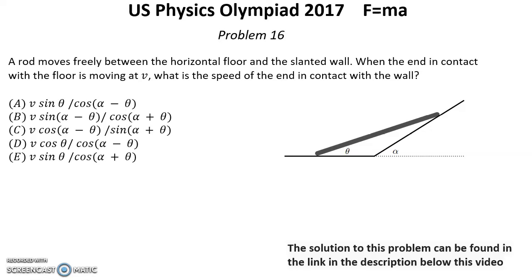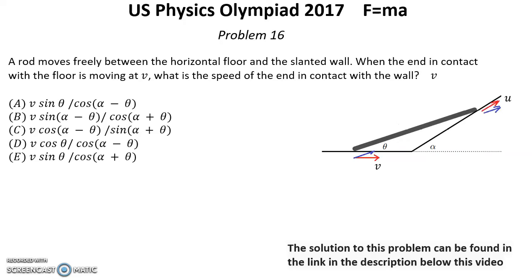Each motion of a solid body we can split into rotational and translational motion. Here we can represent velocities for two ends of this rod. Let v be the vector of velocity for the left end of this rod, and u the vector of velocity for the right end.